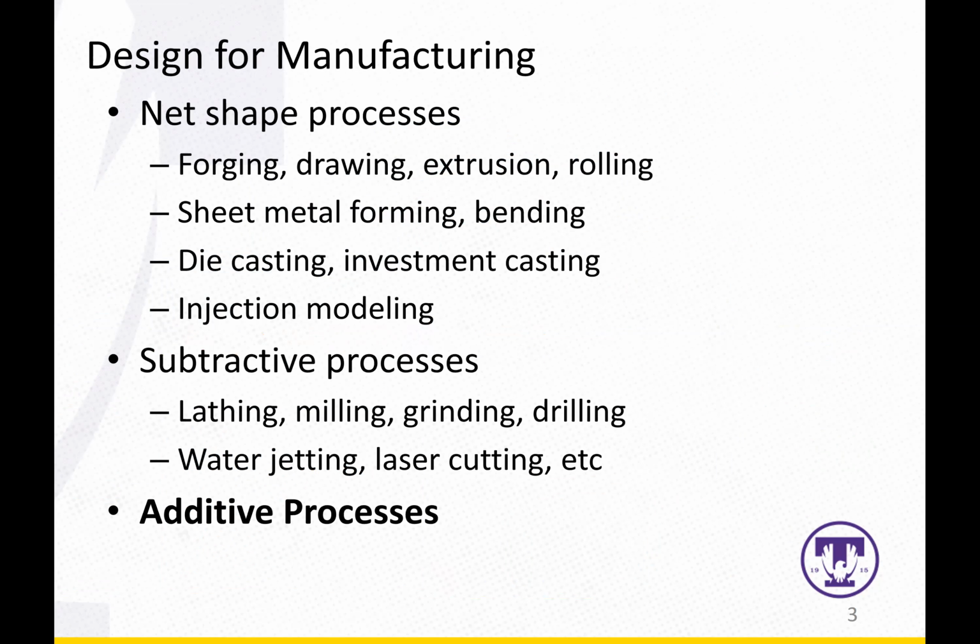Basically, design for manufacturing is, with a certain manufacturing process, how you design your product so that it can be successfully and efficiently manufactured using that process. So you have to consider the benefits and also the limitations when you choose one manufacturing process and when you do the design for it.